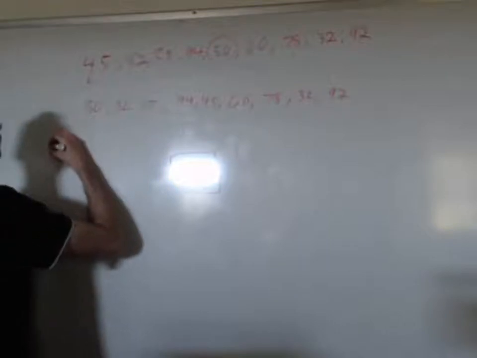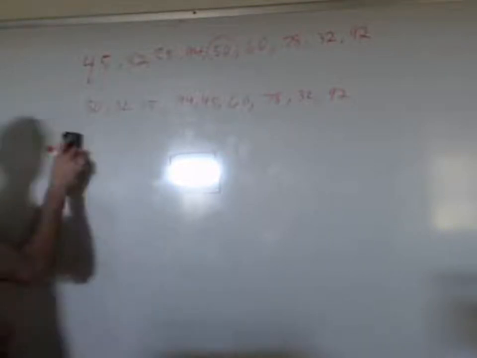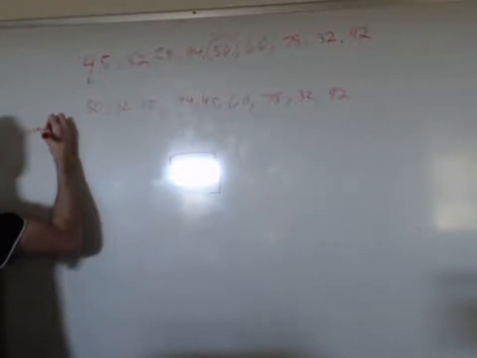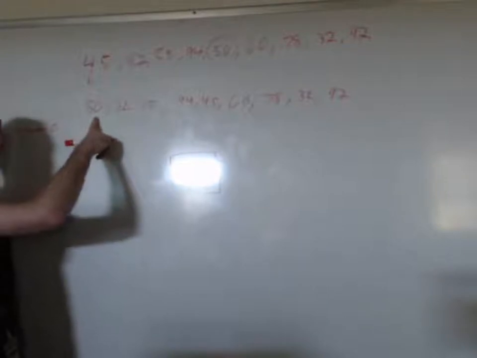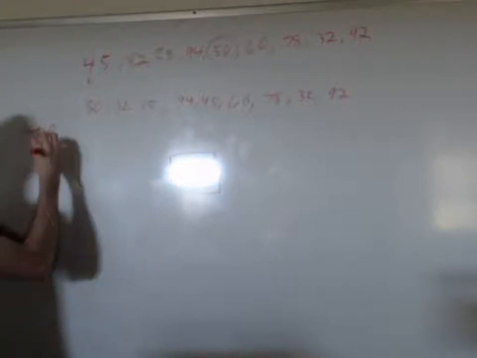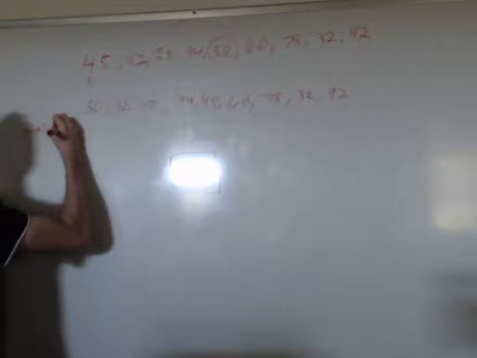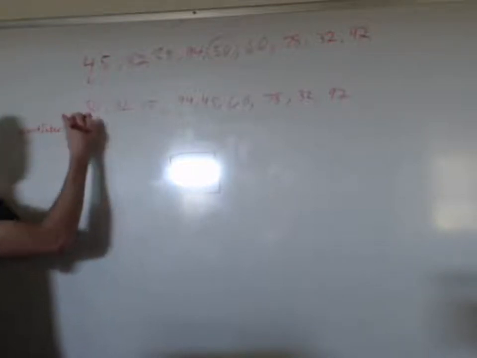So your pivot's right here. Let me spell pivot correctly. Your pivot index is equal to 0 because that's the index of the pivot, pointing to here.